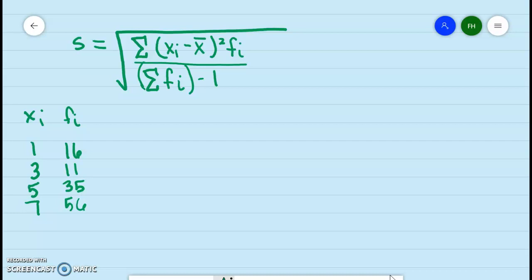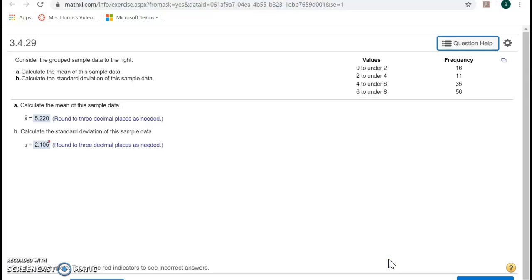So I've already listed those, and I've already listed the frequencies, and I have the formula for standard deviation up at the top. I don't have the formula for the mean listed here, but I'll go ahead and pull up the formula.